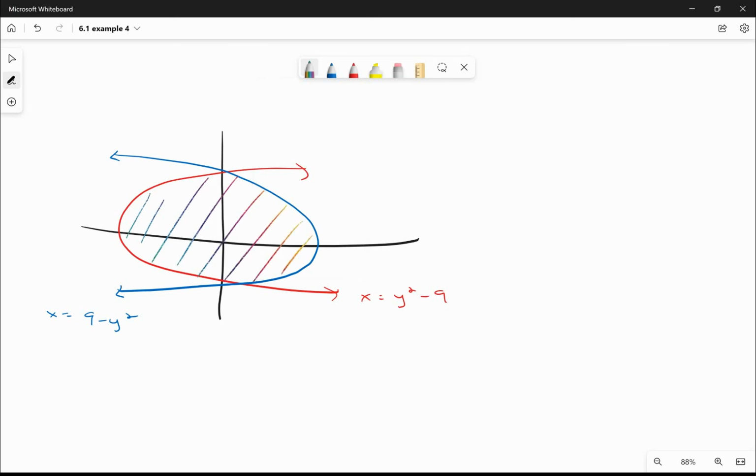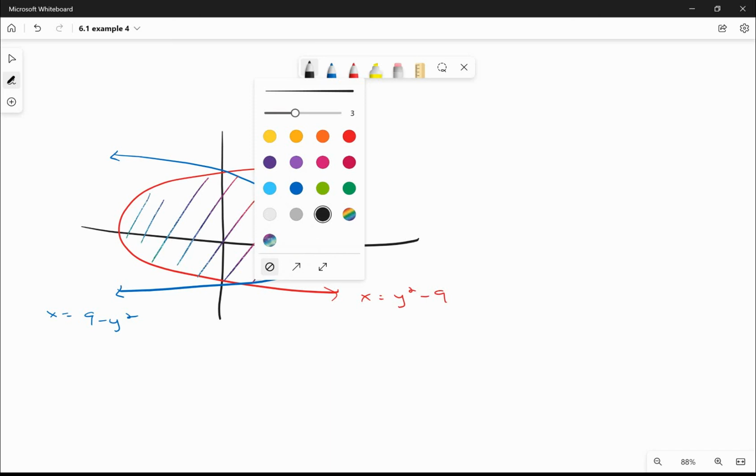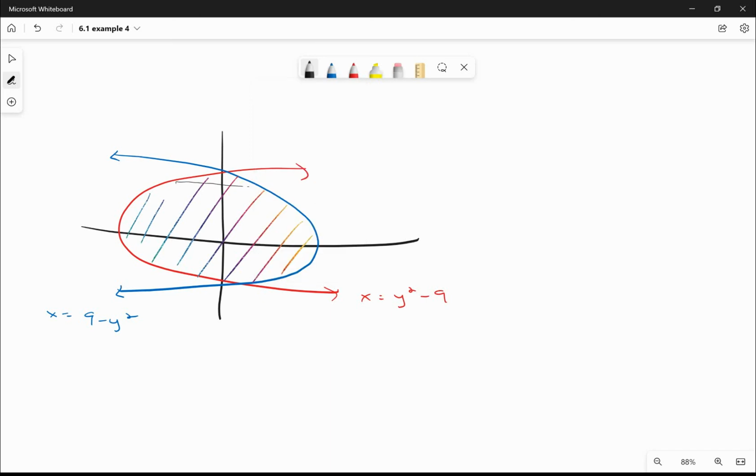And so what we're really doing is forming rectangles that are horizontal now, instead of the vertical rectangles we're used to. The height is really this horizontal length, so this will be the right function minus the left function.